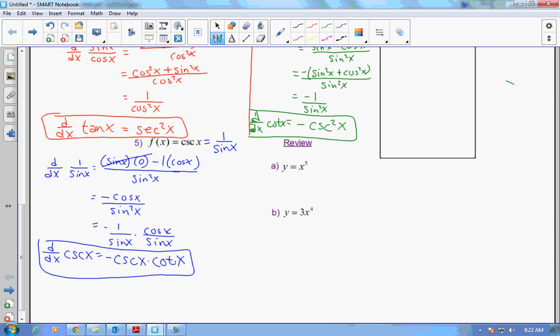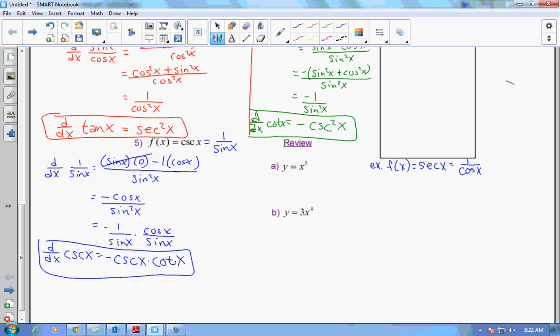Okay, we're going to do one more that didn't get put on these notes. Underneath this box, we haven't done secant. f of x equals secant x. What's another way to write secant? 1 over cosine x.